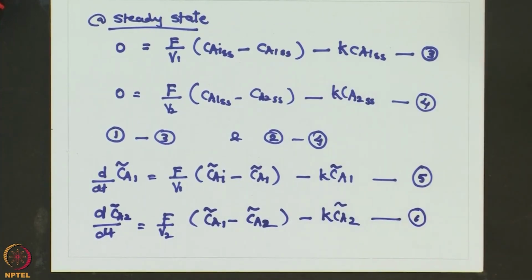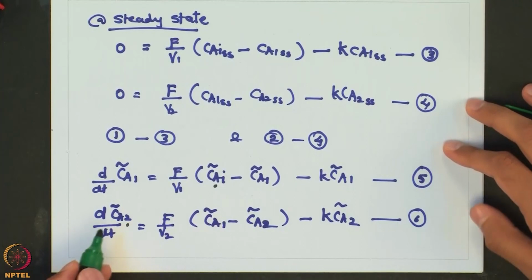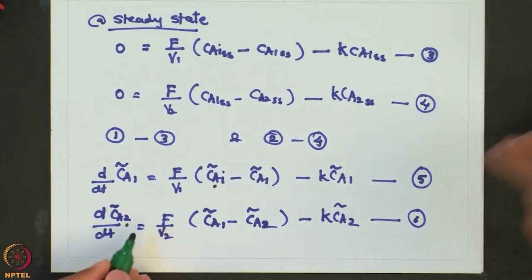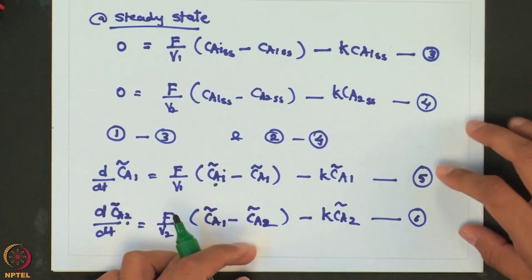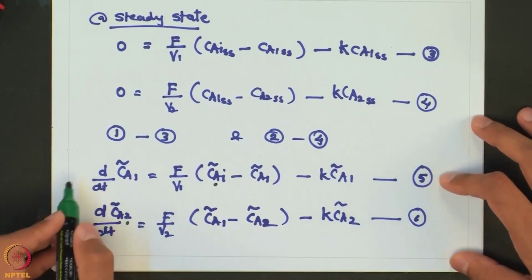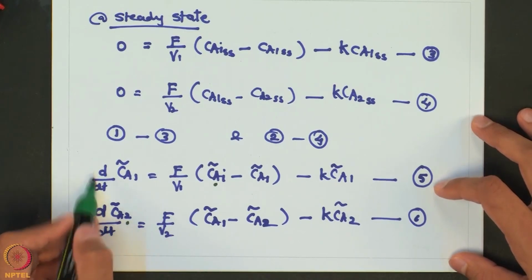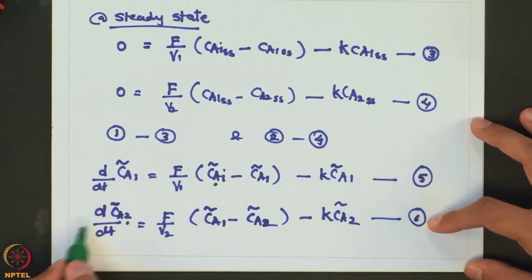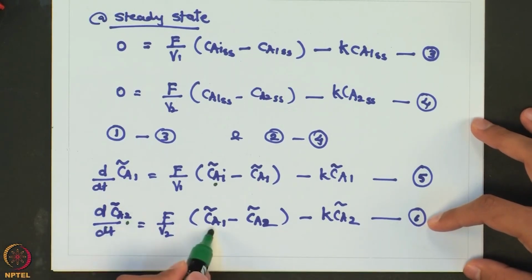Now, at this point there are two ways to show that this particular system between CAI and CA2 is a second order dynamical system. One way is to eliminate CA1 from these two equations. You can do that by differentiating equation 6, which will give a second order derivative with respect to CA2 and a first order derivative with respect to CA1.